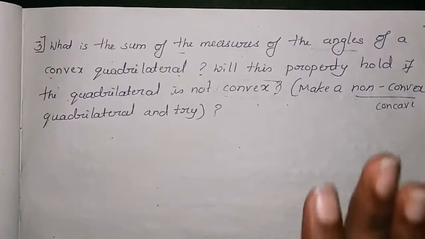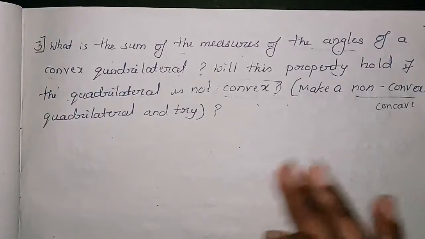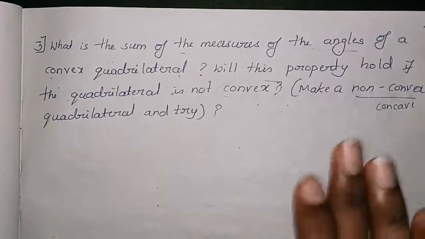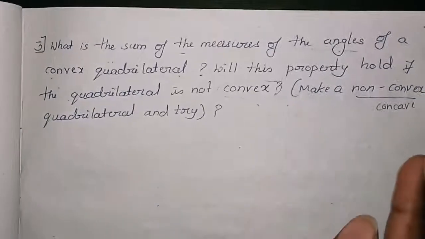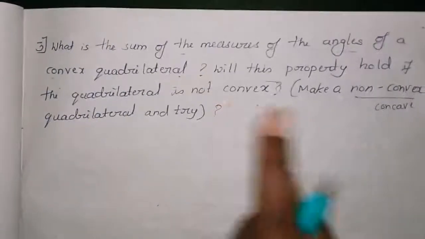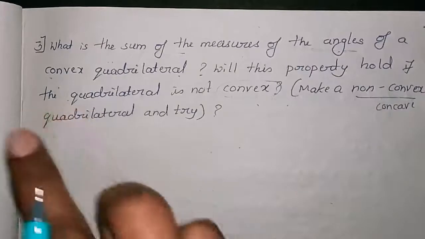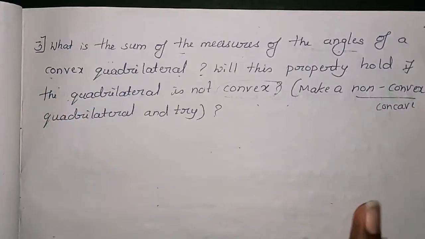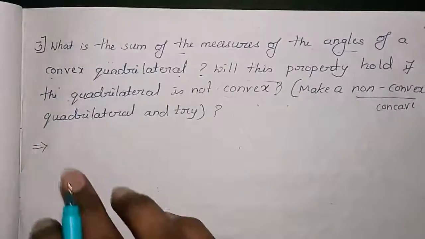Be careful with the questions and understand the terms they have given, then compare. I hope all of you know what a convex quadrilateral and a concave quadrilateral are, or we can say a concave quadrilateral can be called a non-convex quadrilateral. Just remember those things.